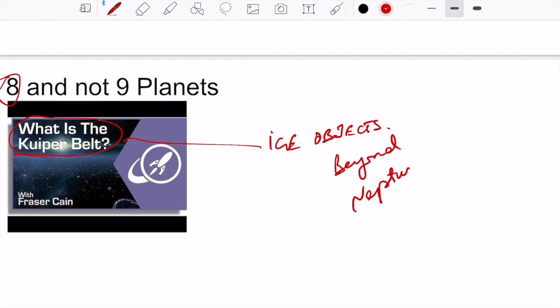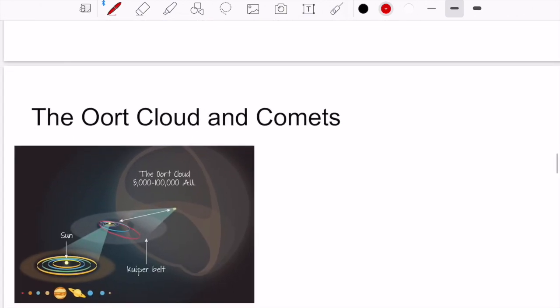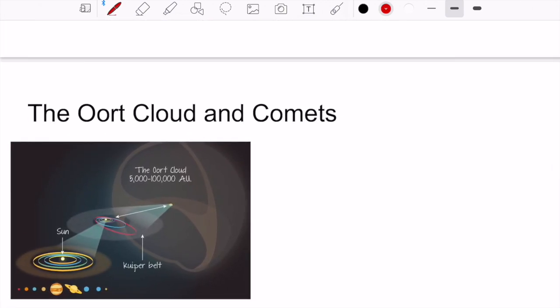So this is an interesting video to watch to see what is out there beyond Neptune. And the Oort cloud, I don't know if I shared that with you, but the Oort cloud is also a boundary to the solar system. So basically, the Oort cloud and the comets. Comets also orbit the sun, but what is the difference between a comet and a planet?